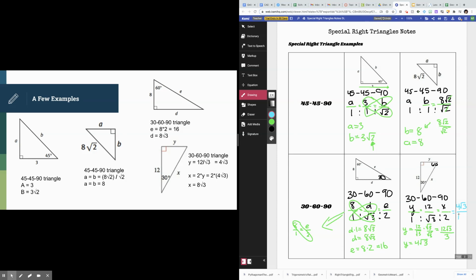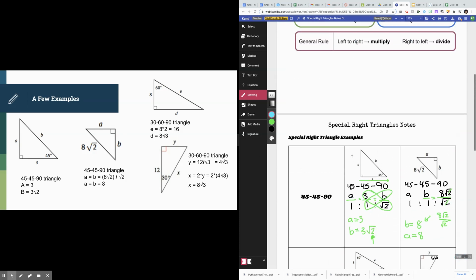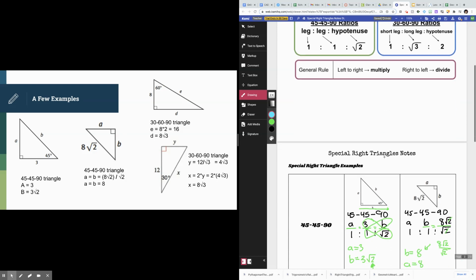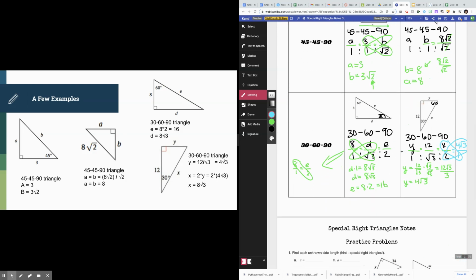See how you end up with, when you cross multiply, x times 1, which is just x, and then 2 times 4 root 3, which is exactly what I told you when I said your general rule is that if you're going from left to right across the ratio, which we're going technically from here to here, that you end up multiplying by your numbers in the ratio, right?